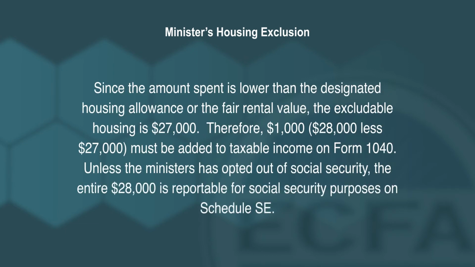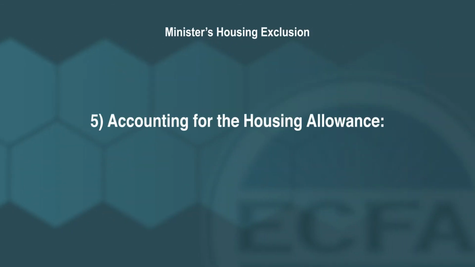Since the amount spent is lower than the designated housing allowance or the fair rental value, the excludable housing allowance is $27,000. Therefore, $1,000, $28,000 less $27,000, must be added to taxable income on Form 1040. Unless the minister has opted out of Social Security, the entire $28,000 is reportable for Social Security purposes on Schedule SE.